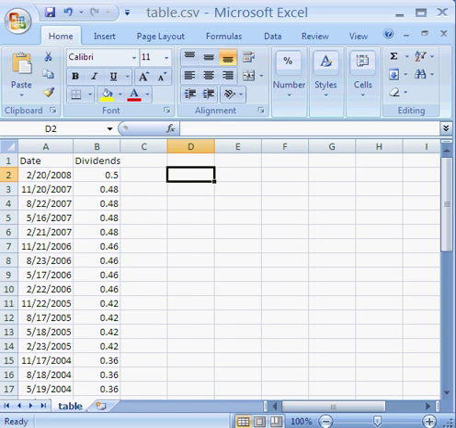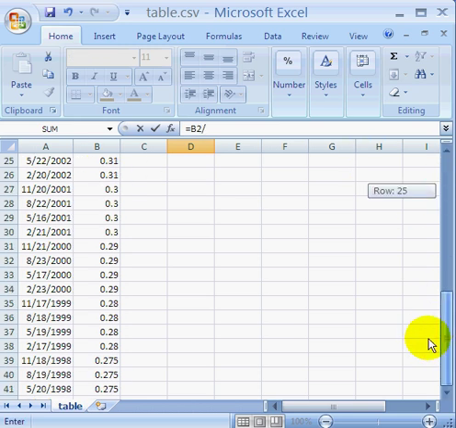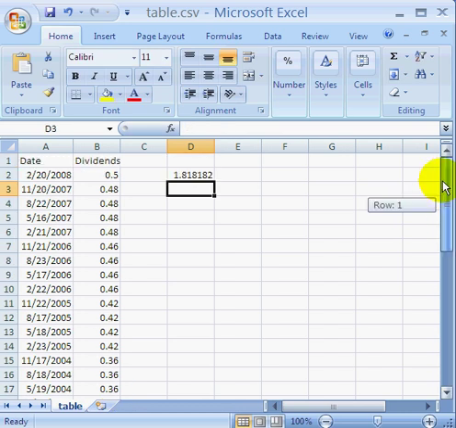To calculate this point-to-point growth rate, let's look at the dividends in 2008 divided by the dividends in 1998. Notice that the ratio is 1.8181, that's 81% over a period of 10 years.